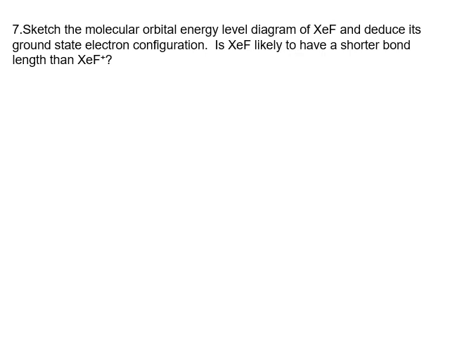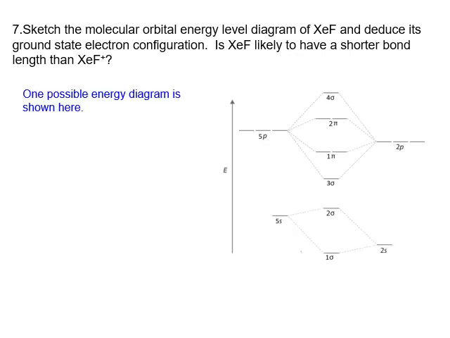Question number 7. Sketch the molecular orbital energy level diagram of xenon fluoride and deduce its ground state electronic configuration. Is xenon fluoride likely to have a shorter bond length than the xenon fluoride cation? So this is a heteronuclear diatomic molecule, and the energy diagram is similar to question 6.